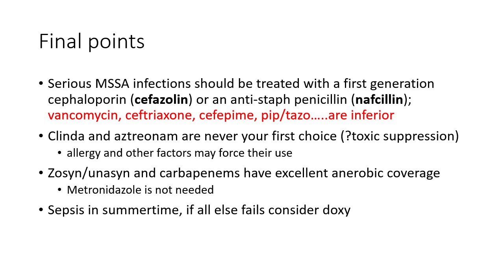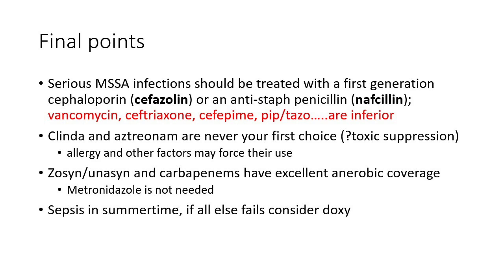So in closing, just to make a couple of sweeping statements that haven't been touched on: for serious MSSA infections, you want to have these patients on cefazolin or nafcillin. Oftentimes, if someone has a serious MSSA infection and some urinary tract infection that's not associated with the MSSA, we'll put them on cefazolin and ceftriaxone.